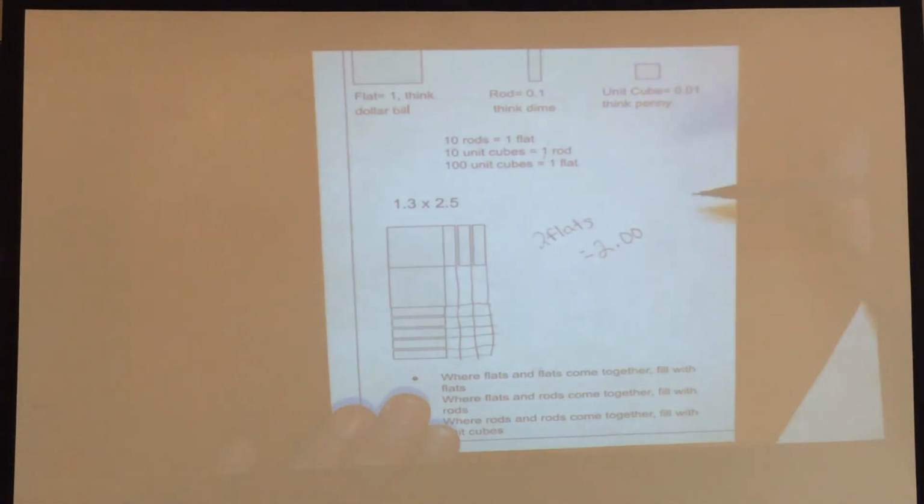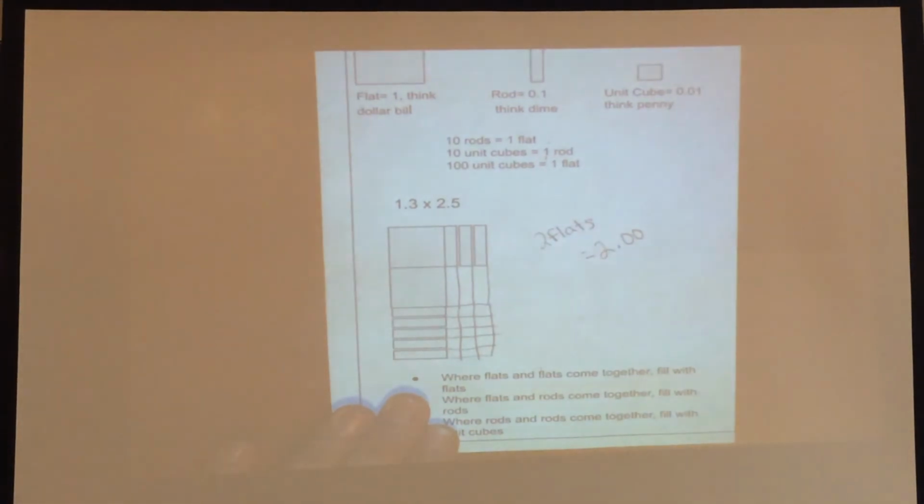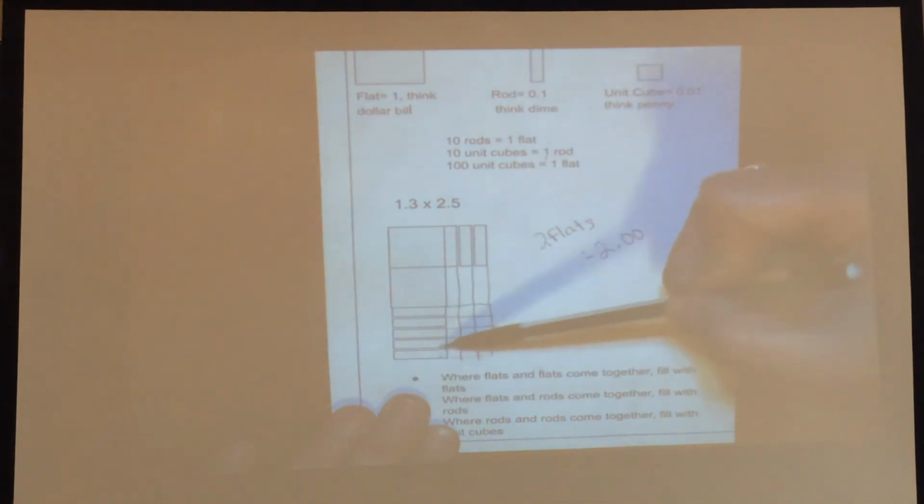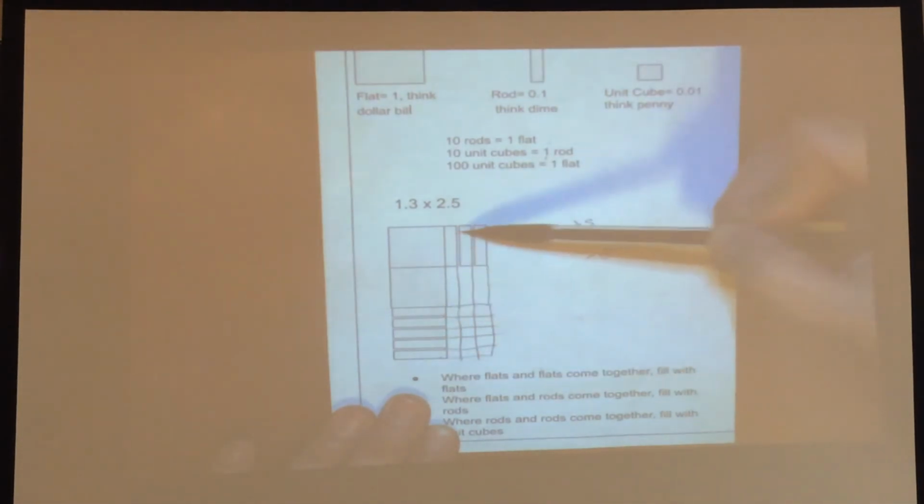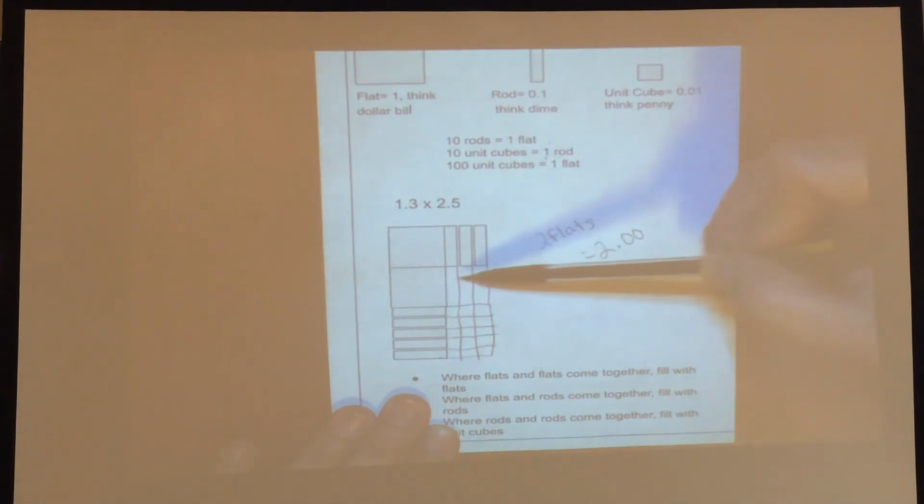How many rods do I have total? Let's count. 1, 2, 3, 4, 5, 6, 7, 8, 9, 10, 11.